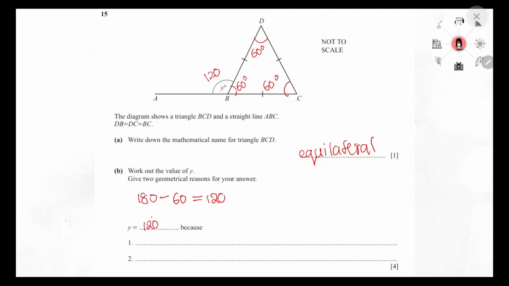As reason number 1, we can write that all angles in an equilateral triangle are equal.